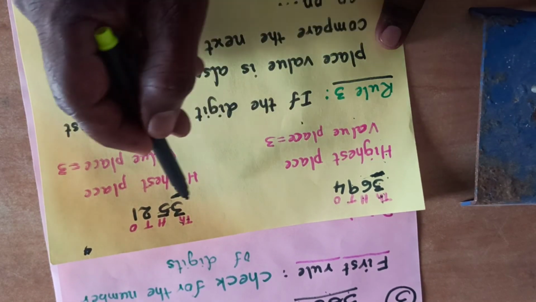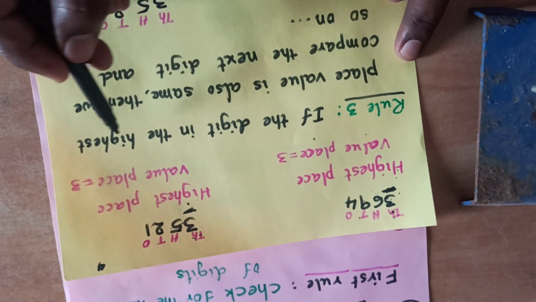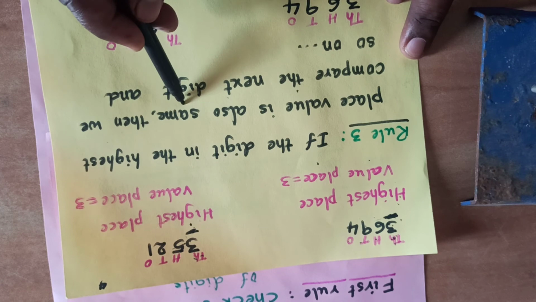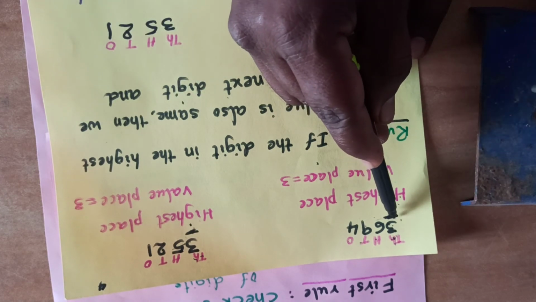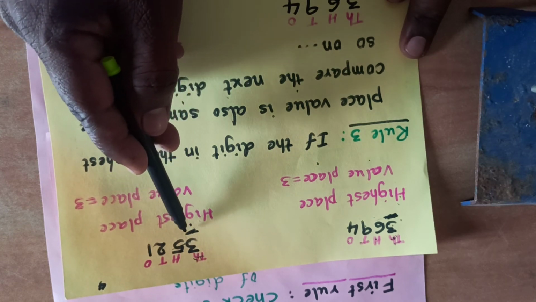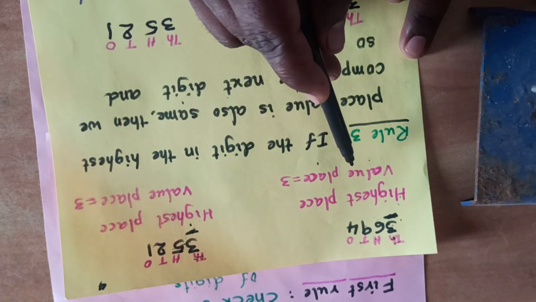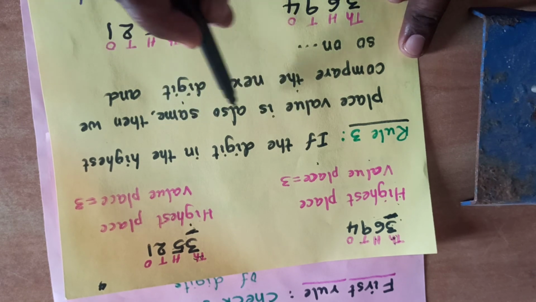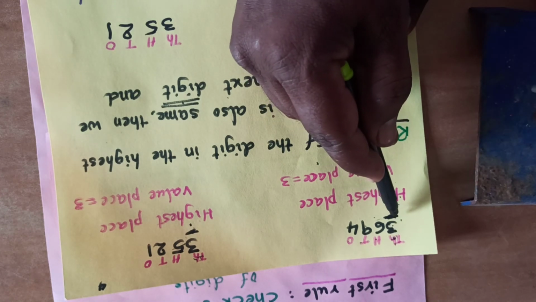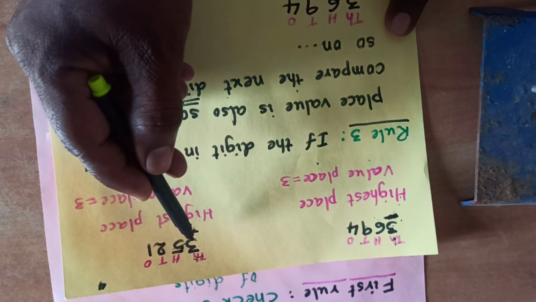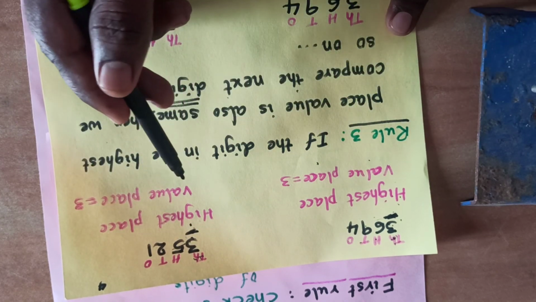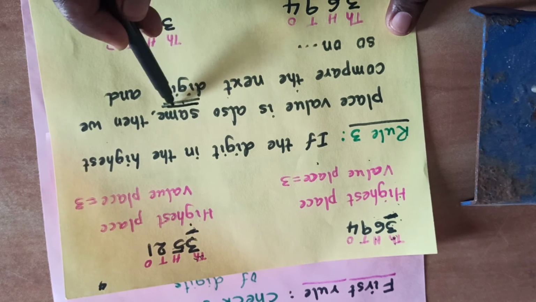Both are the same. If the digit in the highest place value is also the same, here the highest place value digit is 3, in this number also 3. So in both numbers the highest place value digit is the same.